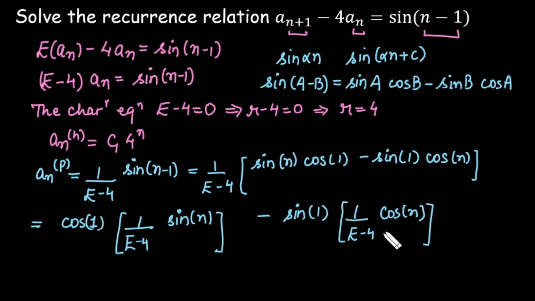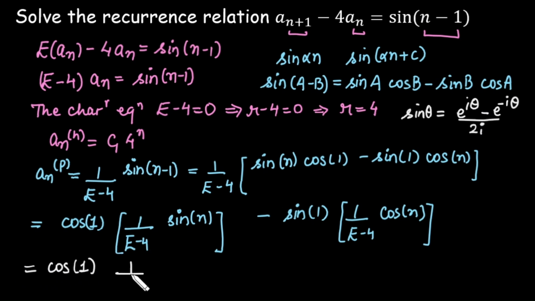Now convert sine and cos in exponential form. Sine theta is equal to e raised to power iota theta minus e raised to power minus iota theta divided by 2 iota. And cos theta is equal to, here we have plus and here we have only 2. So we can write direct values here. This cos 1 as it is, 1 upon E minus 4 as it is.